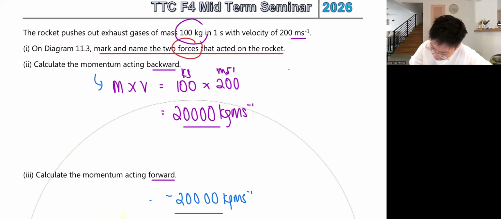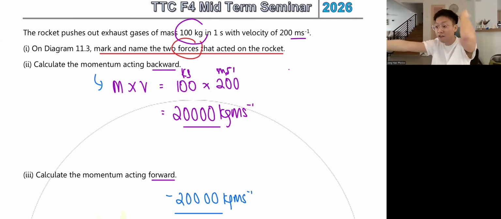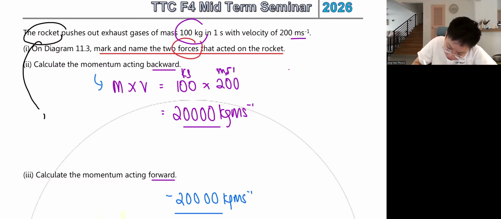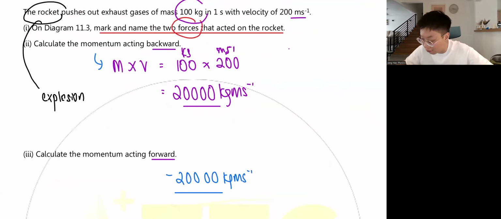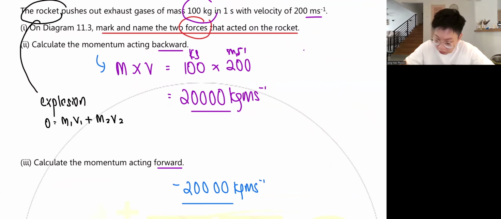Because if you move forward with 20,000 momentum, then you have a negative 20,000. So the momentum will always be the same. For example, since we know a rocket uses an explosion, for explosion there's a formula whereby 0 equals m1v1 plus m2v2.